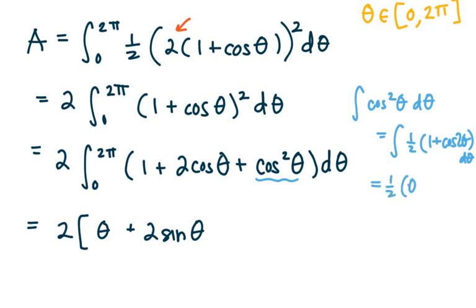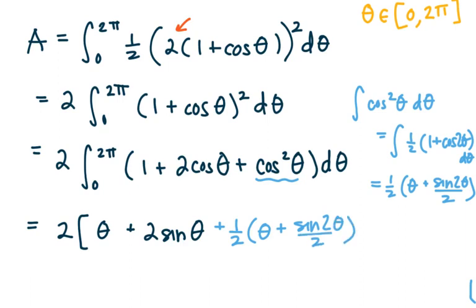The integral of 1 is theta, and the integral of cosine 2 theta is going to be sine 2 theta over 2. So I have in here plus 1/2 times theta plus sine 2 theta over 2. Now we need to evaluate this from 0 to 2 pi.